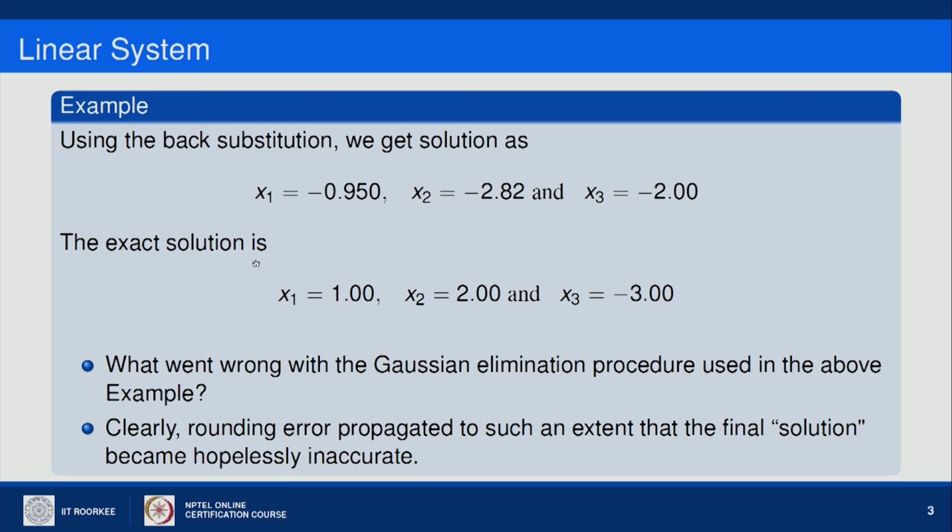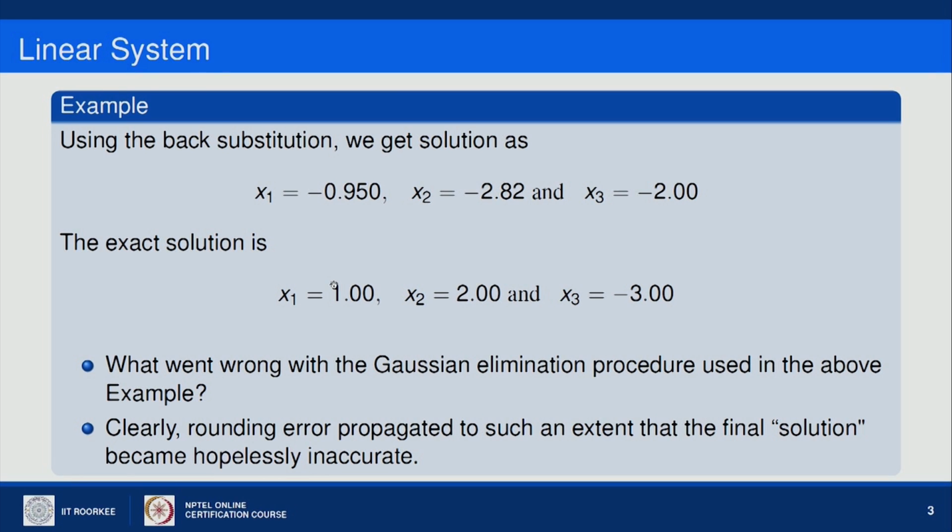However, the exact solution is x1 equals 1, x2 equals 2 and x3 equals minus 3. So, basically there is a big difference between the solution we obtained using Gaussian elimination and the true solution.